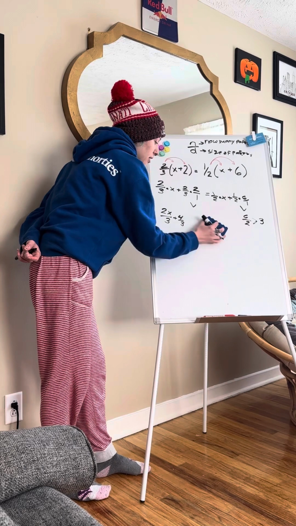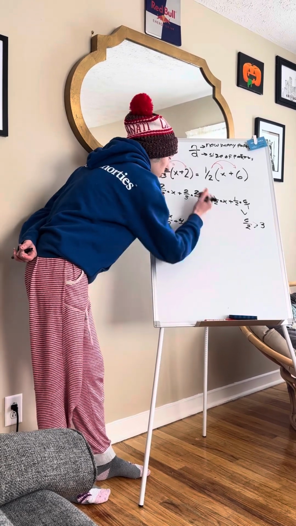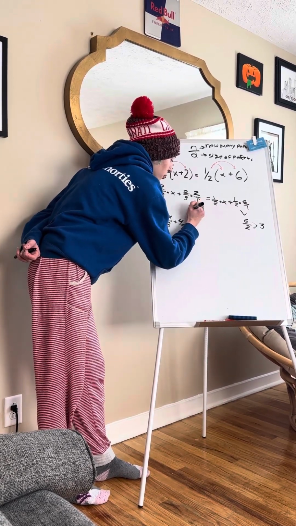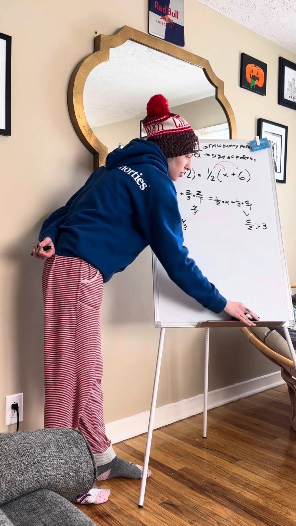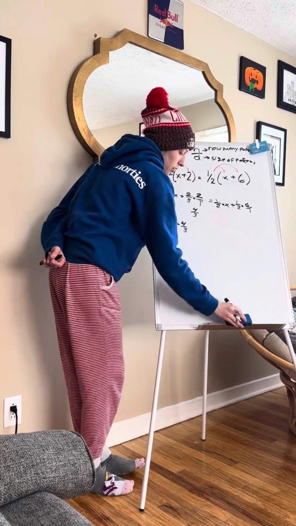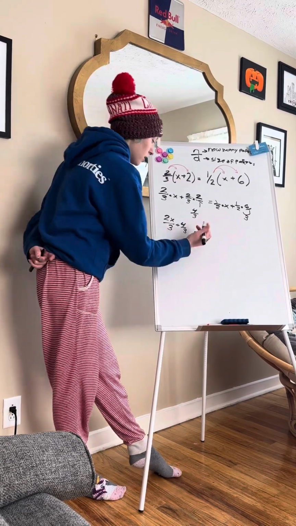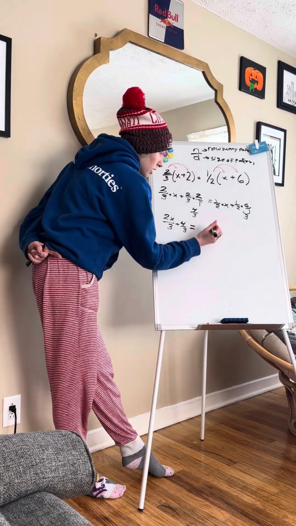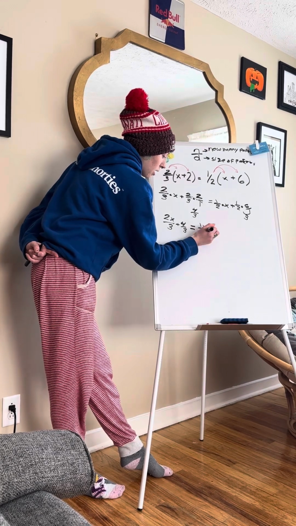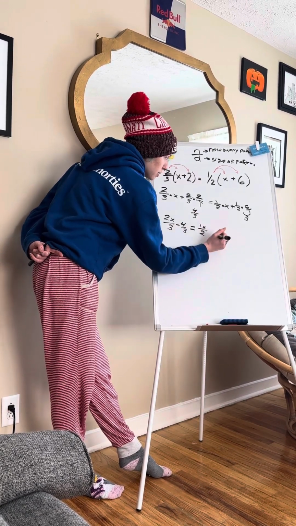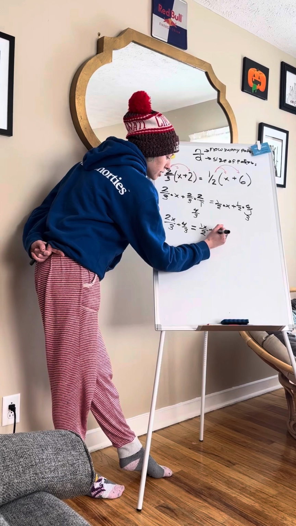I'm going to erase things and move things around. So we know that this is 4/3, and this equals 3. So we have 2x/3 plus 4/3 equals 1/2 x plus 3.